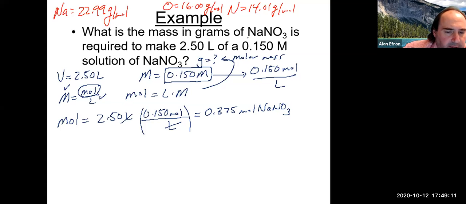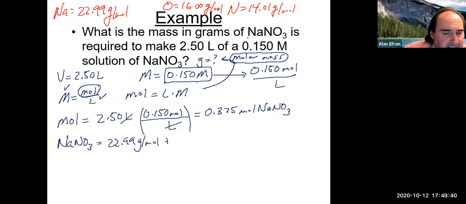So at this point, we then need to go from moles to grams. And remember, as we talked about earlier in a previous chapter, it is the molar mass that allows us to do that. So we need to go to the periodic table. We need to take the formula for sodium nitrate and add up all the parts. Sodium is 22.99 grams per mole.